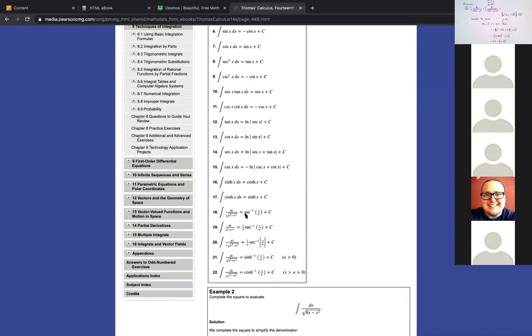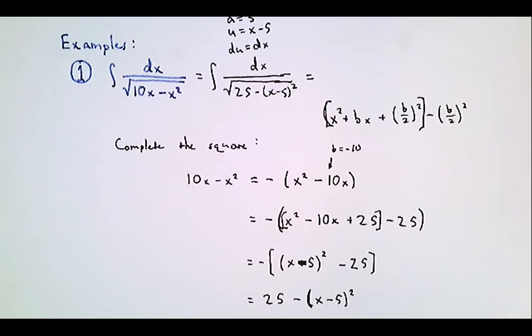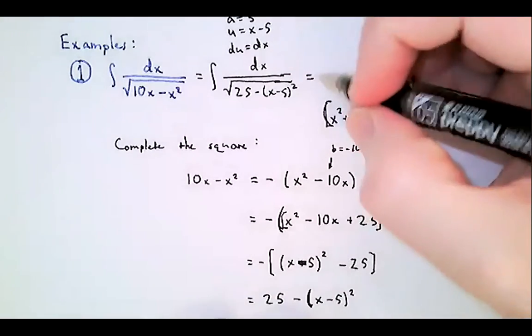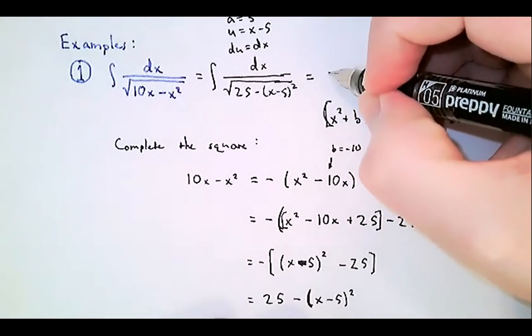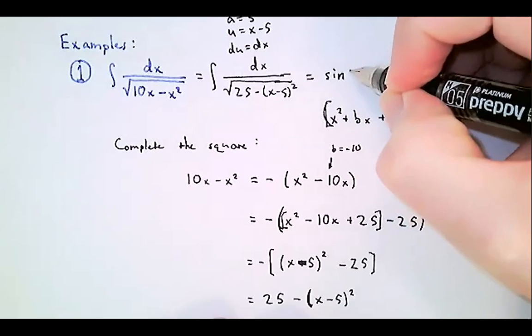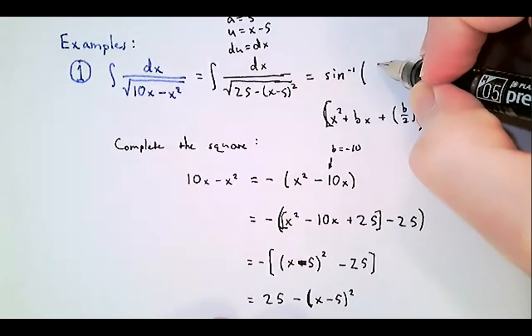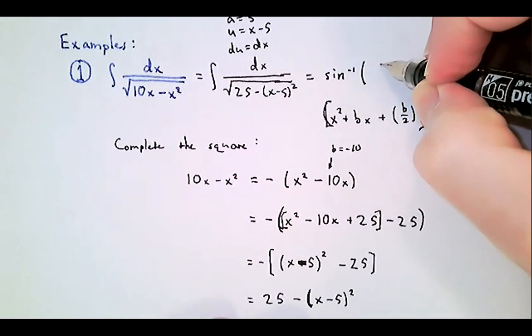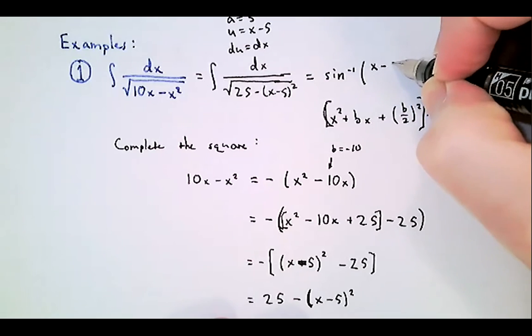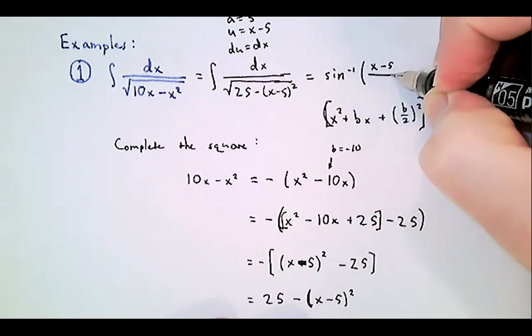So the answer is going to be sine inverse, arc sine, of x over a plus c, but we have a u substitution going on. So we're going to put our u where x is in the formula. So we get a sine inverse of x minus 5 over 5.